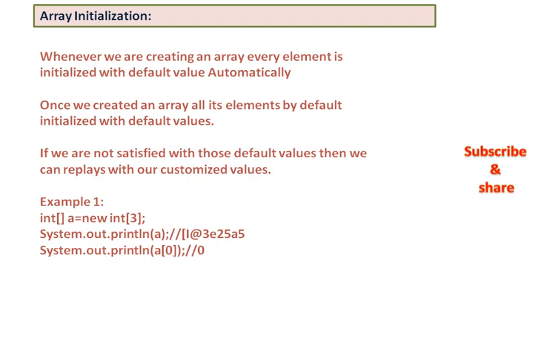It is printing because a is of type int array, so it prints the type, then @, and then the location of the reference hash value. And if you print its index 0, System.out.println(a[0]), it will print 0. It means it is initialized with 0 value.